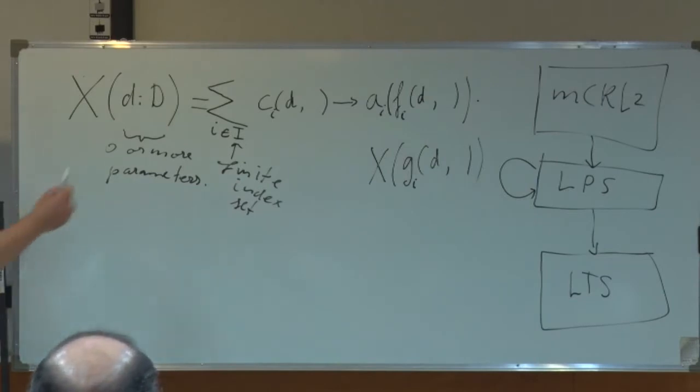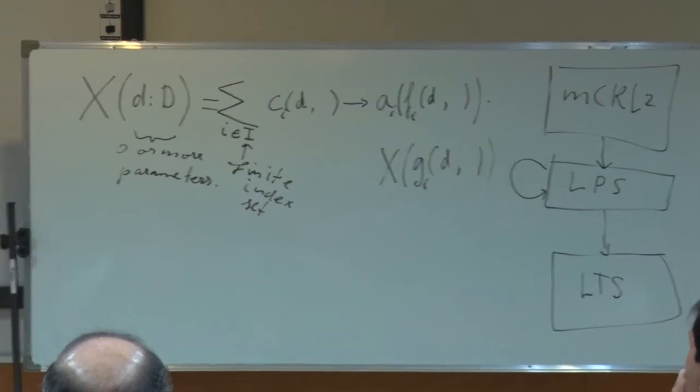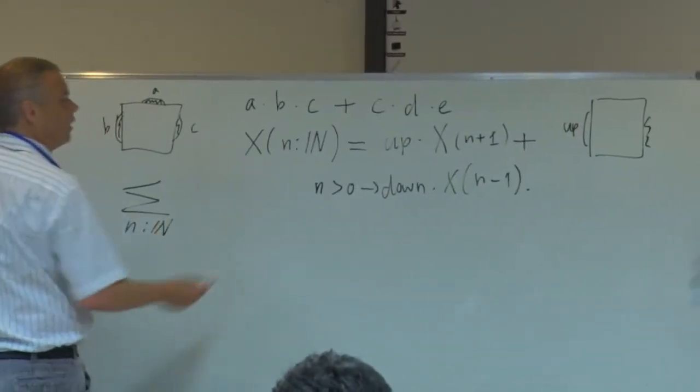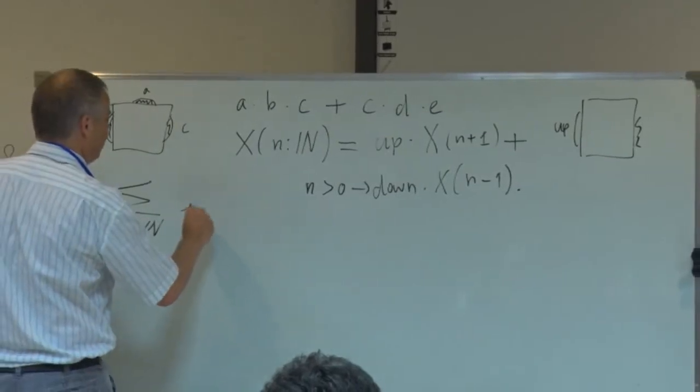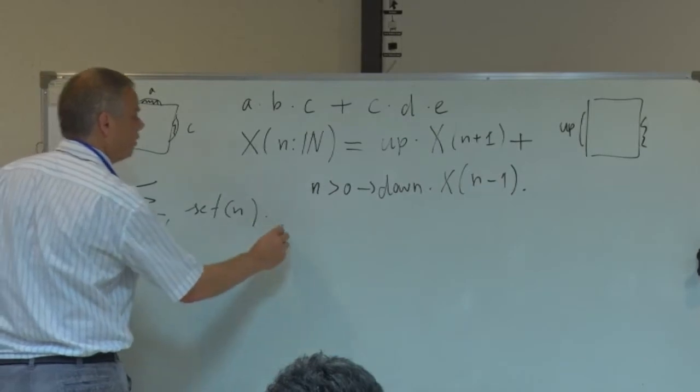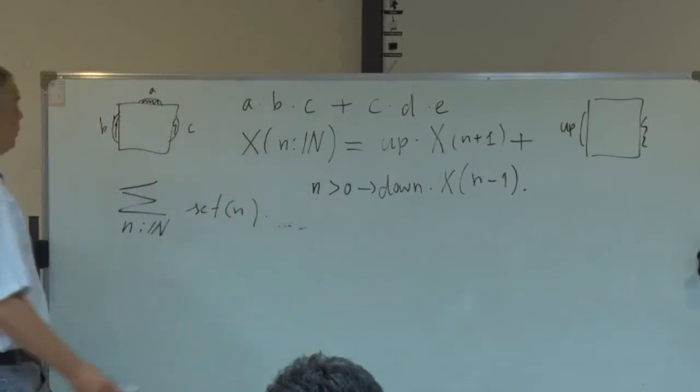So the sum operator I showed yesterday is written like this. So n of type N. What did we have? Something like sum n followed by whatever the process is afterwards.